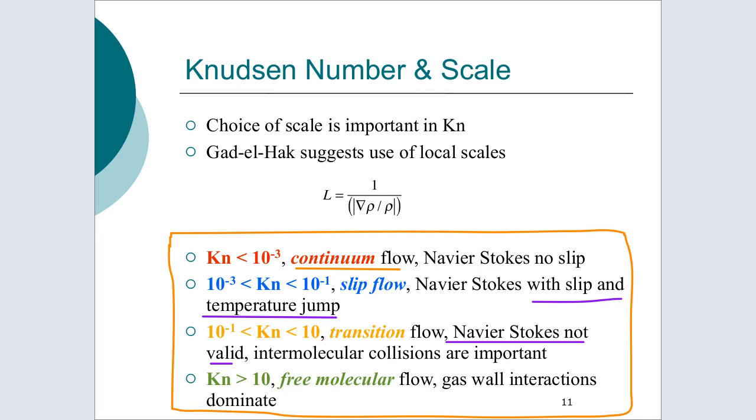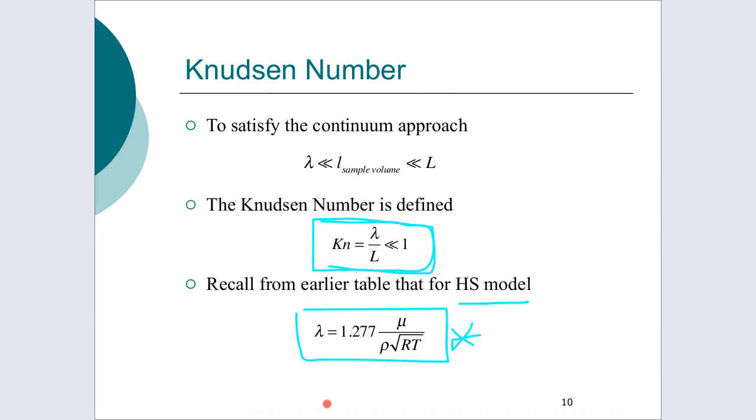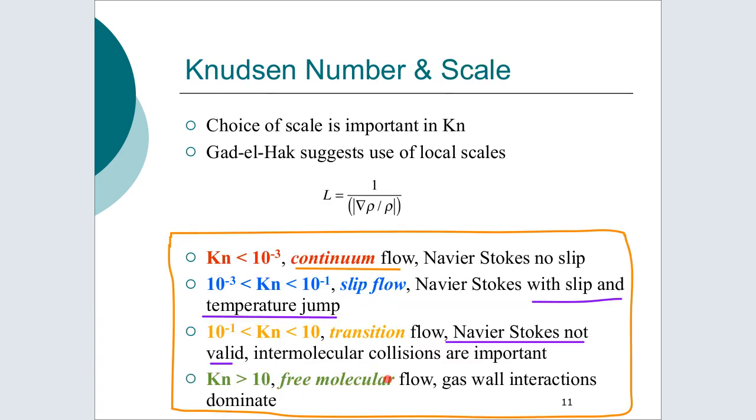And again, with this, if we look back at the definition, lambda over L, the probability here is that a molecule will hit the wall of the channel before it hits another molecule. So there's a greater chance of it hitting the wall or a surface than there is of it hitting another gas molecule. So it's a very rarefied flow. There aren't a lot of molecules present.